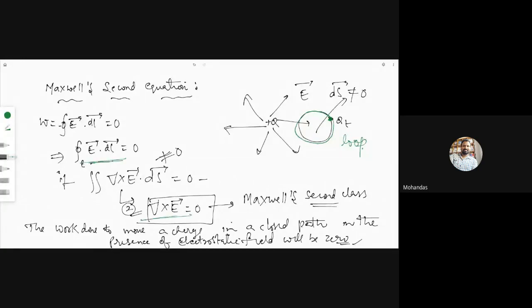This is KVL for EMF, and this is also KVL for EMF.